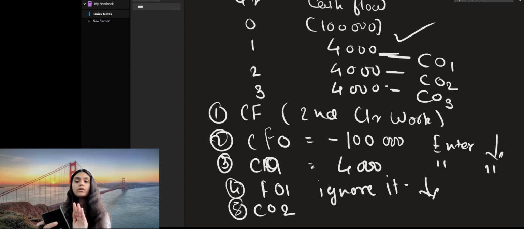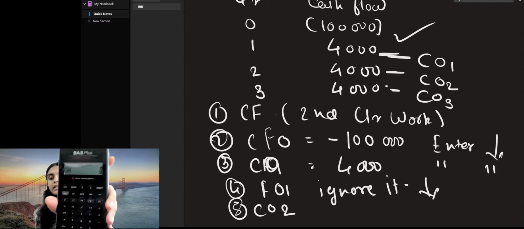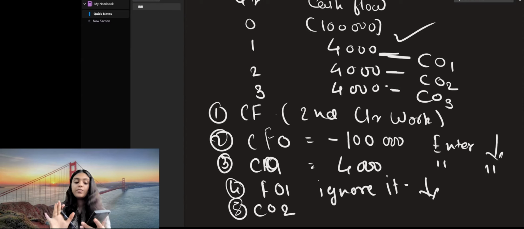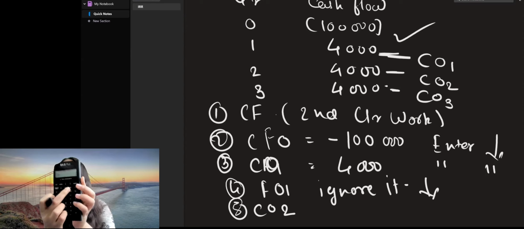What you have to do, ignore it for this sum and down button. Then you will see C03. Now here C03 is 4000. So 4000, enter, down button. Now again F03, down button. Now what you'll see is C04 and 0. You stop there. Now you click IRR.